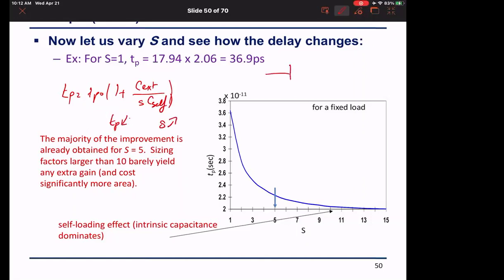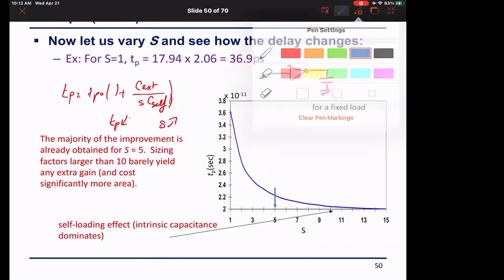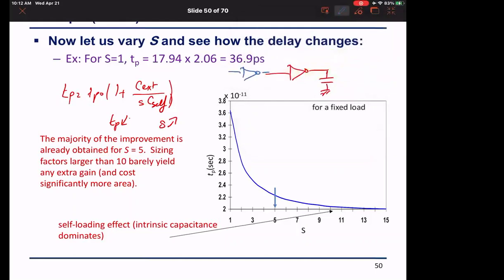But if this is me driving the load, and someone else is interfacing me, this someone else is going to be affected by my sizing, his load will be increasing, and also the overall area of the circuit is going to increase. So this is why we care for the optimal delay.